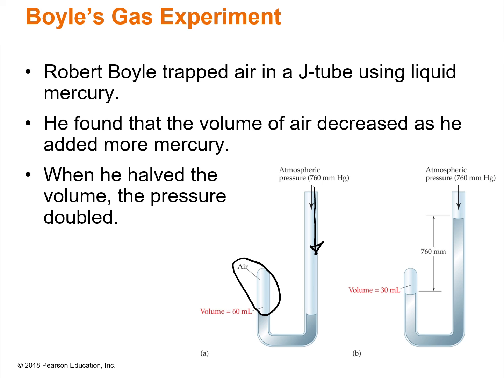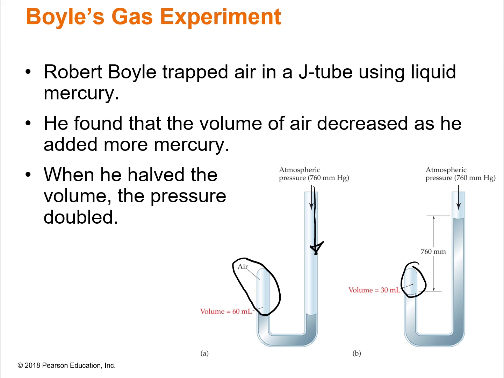So we had 1 volume of mercury in the J tube. If instead he doubled that volume, then you have a change in the amount of air that's trapped.